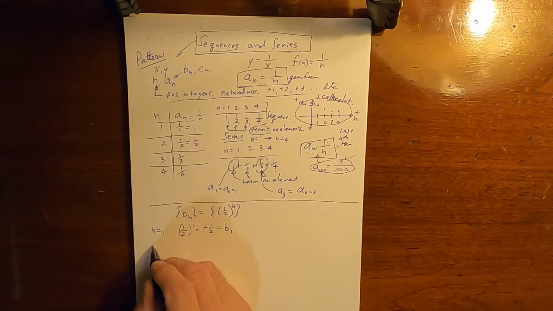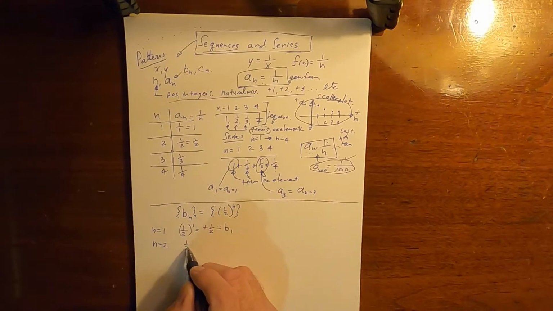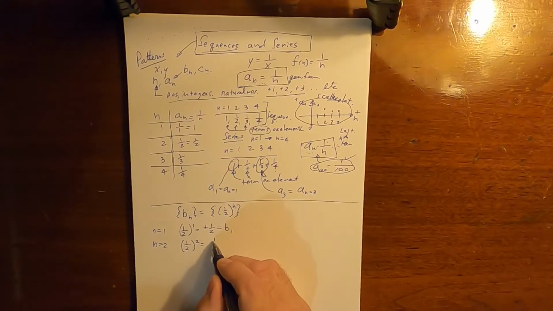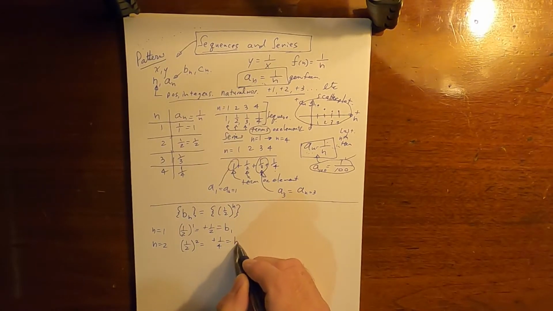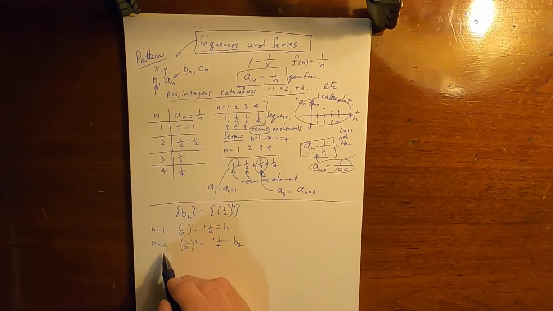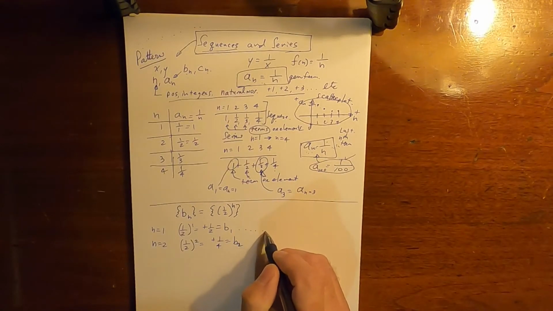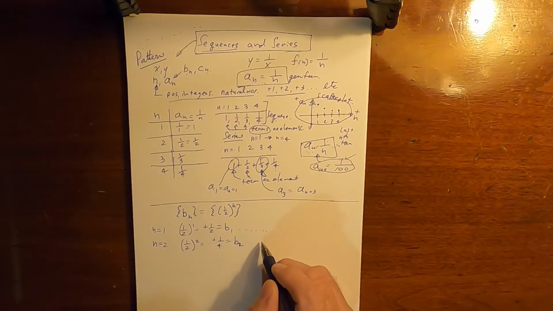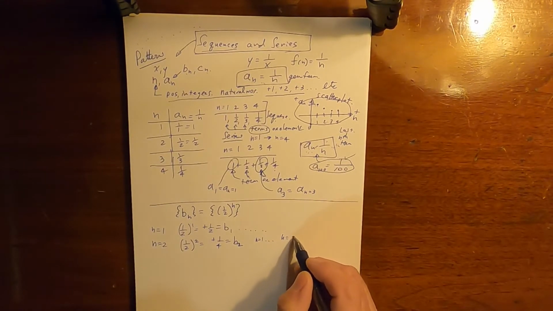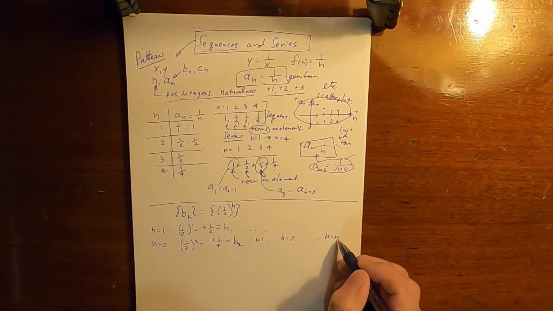Now if you wanted to do n at 2, then you would get 1/2 to the second power, and that would give you plus 1/4, and that would be your element or term b at 2. And I can go on and on, and I would get all these elements, but as I went on from n is 1, n is 2, dot, dot, dot, I would get n is n at the end.